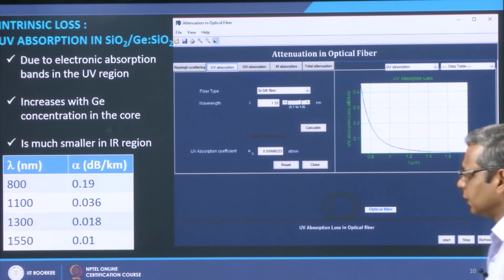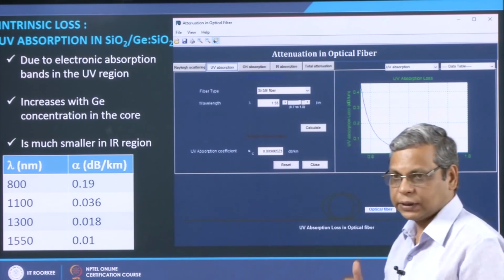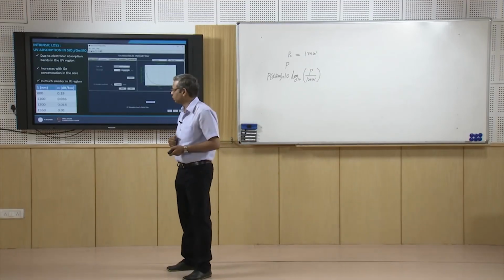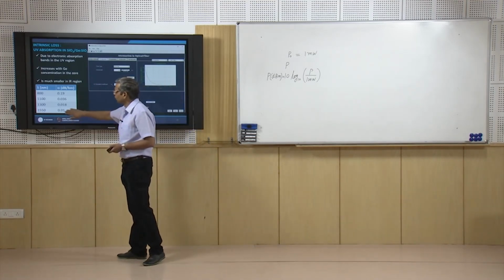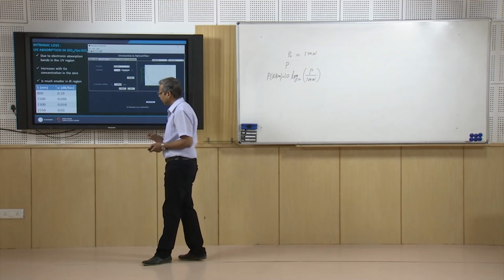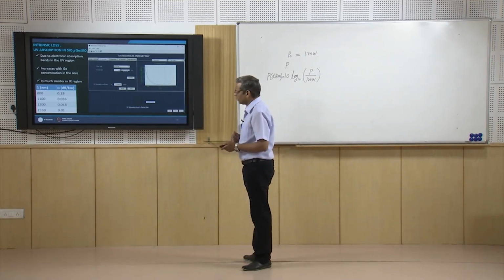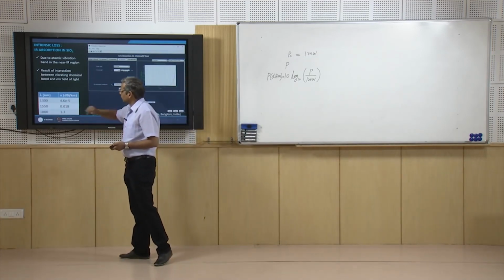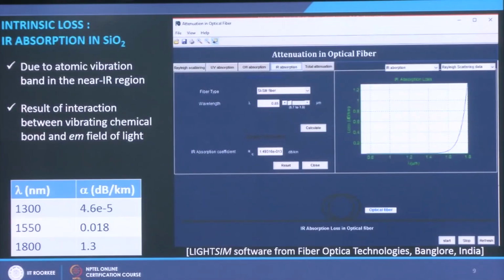So, I can see that at 1550 nanometer wavelength, which is the lowest loss wavelength for fused silica glass fiber, the contribution of UV absorption is negligible, it is just 0.01. And I had also seen that at 1550 the IR absorption loss contribution is also very small, 0.018.